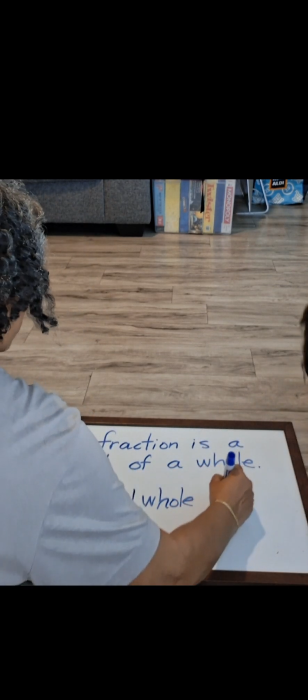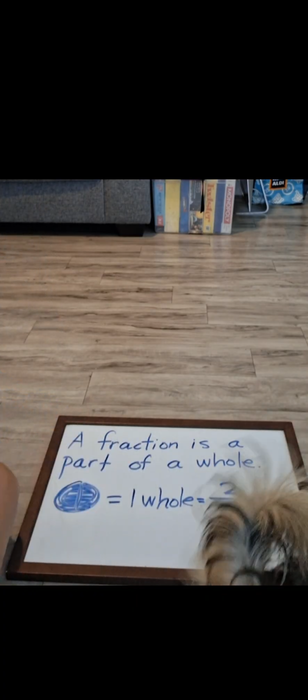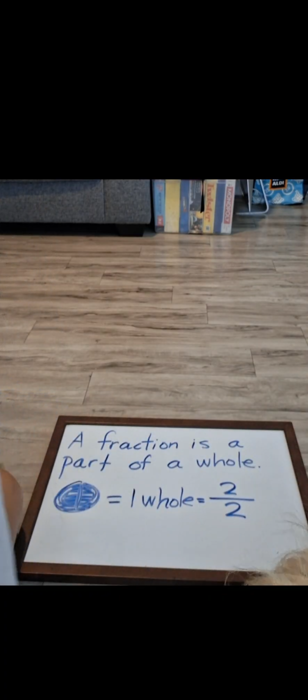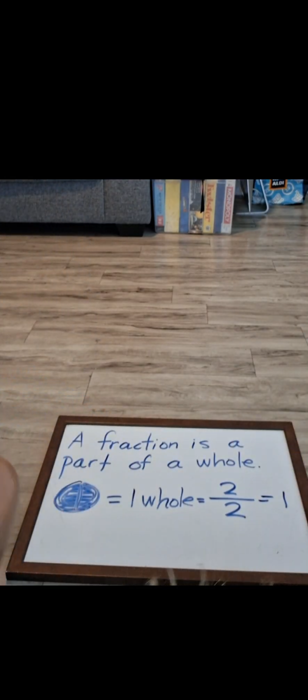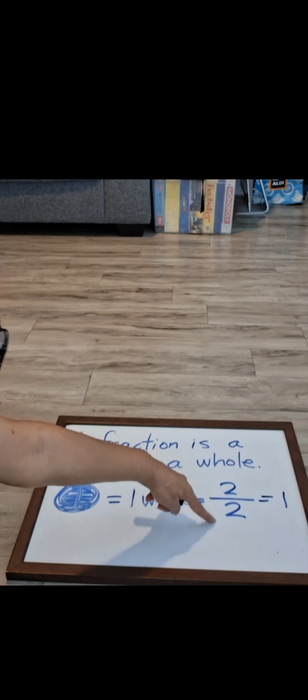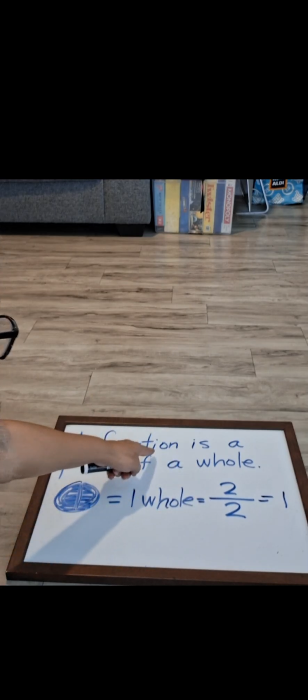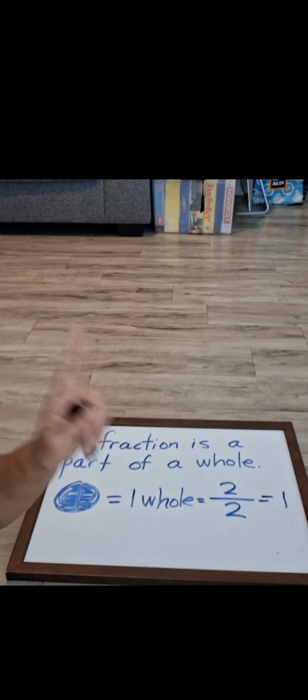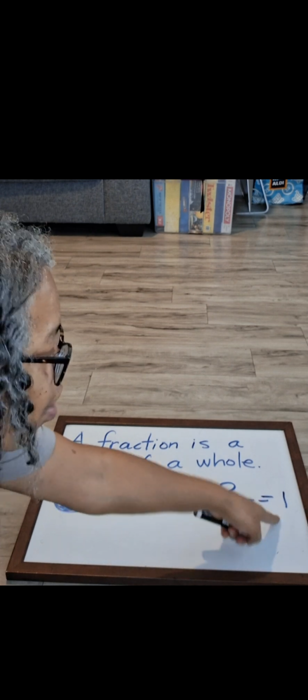So do you see that if the denominator and the numerator are the same, it's still 1? So whenever you see a whole that is cut into fractions, but it's all still there, don't try to figure it out, it's 1.